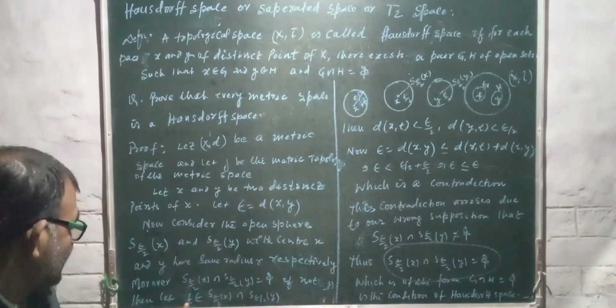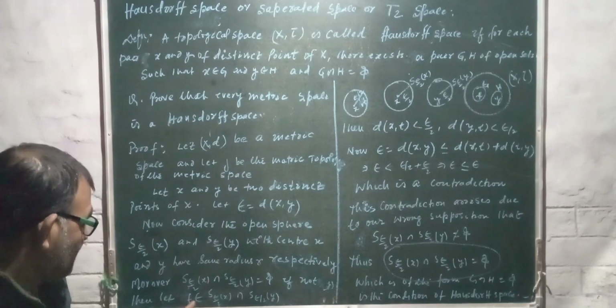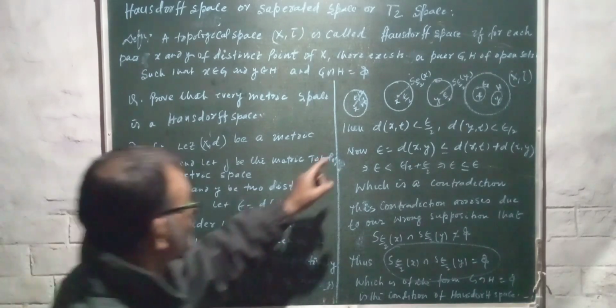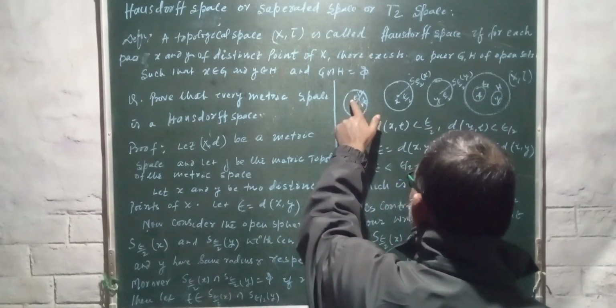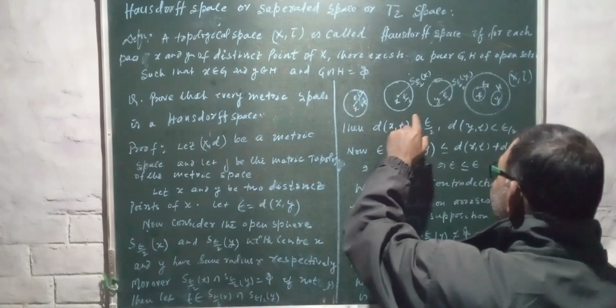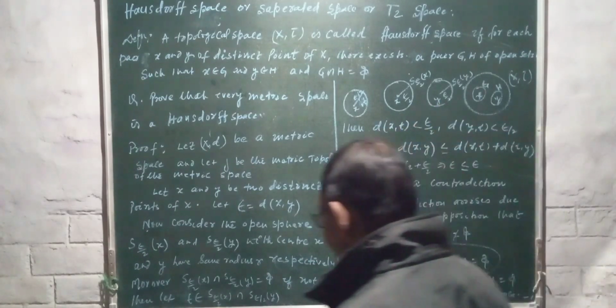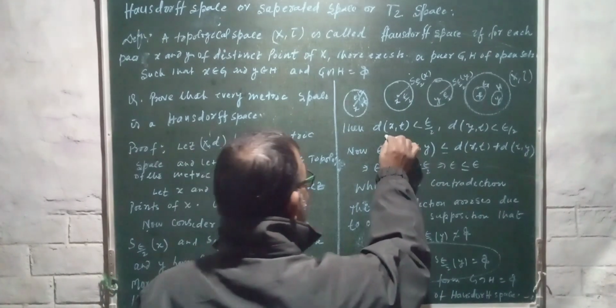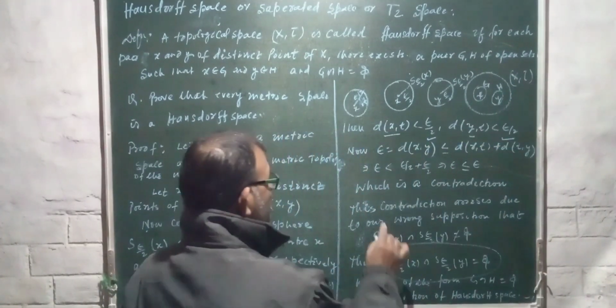For interior points, the distance between center and the point t must be less than the radius. So the distance between t and x must be less than epsilon by 2. Similarly, the distance between y and t must be less than epsilon by 2. So now d(x,t) is less than epsilon by 2 and d(y,t) is less than epsilon by 2.